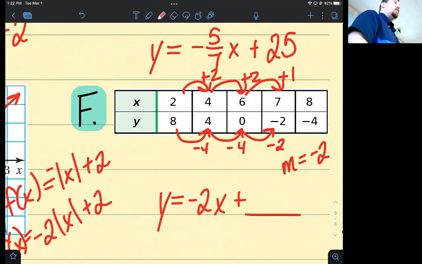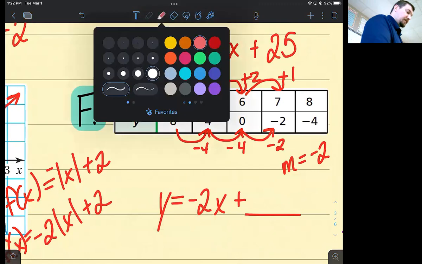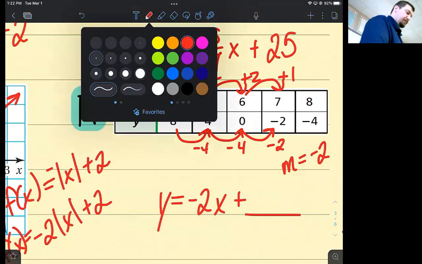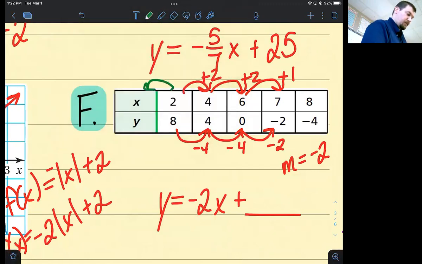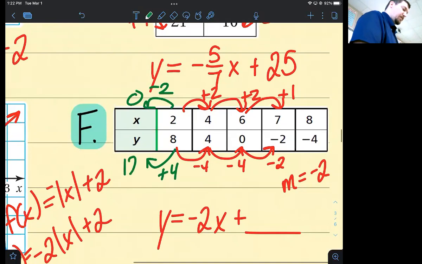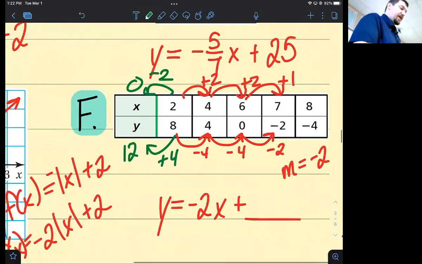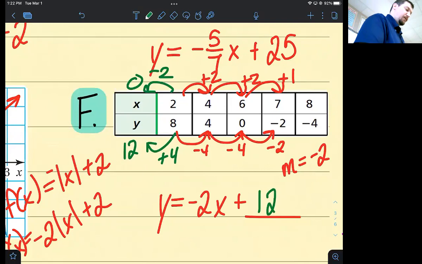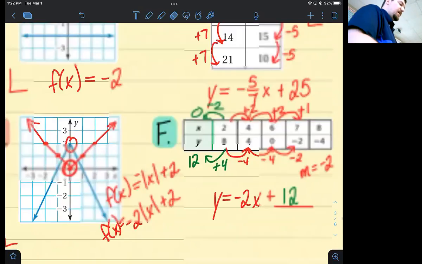But it wouldn't be too difficult to reverse this. Subtract 2, give us 0 for x, and add 4, remember I'm inverting it, reversing it, and giving us what? 12. So we can make a pretty good assumption that we're going to have a y-intercept of 12. So negative 2x plus 12.